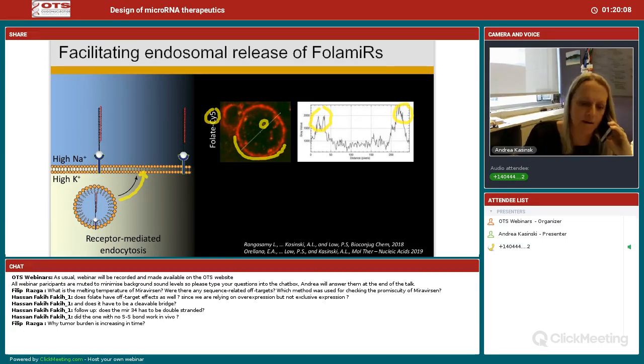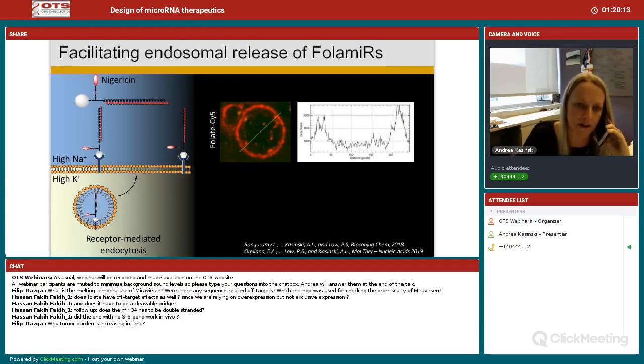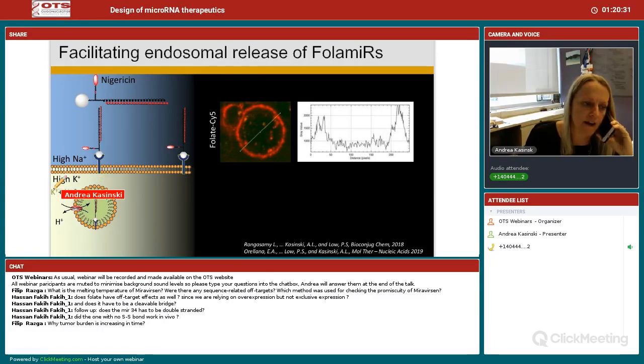And so how are we doing that? There's a variety of mechanisms that are being tackled for this. The one that we're working on right now is an intramolecular conjugation of a small molecule ionophore called nigericin to our microRNA folate conjugate. And what nigericin does is when it enters into the endosome, it inserts itself into the endocytic membrane, and it allows for the internalization of potassium ions, and potassium ions are osmotically charged, so they're going to bring water into the endosome.